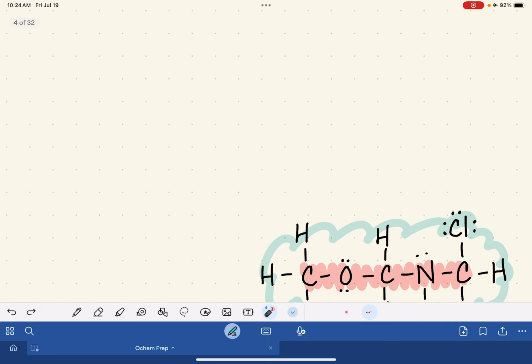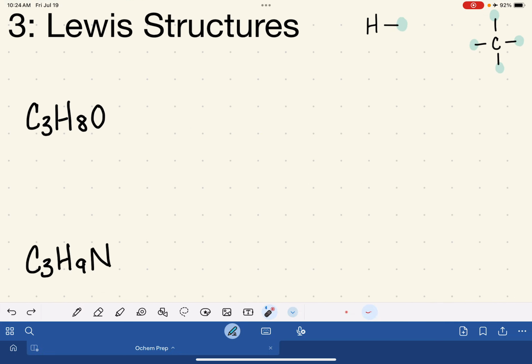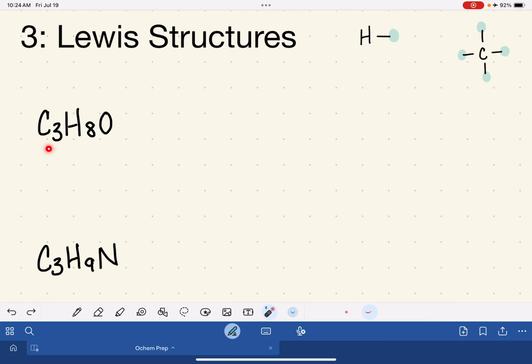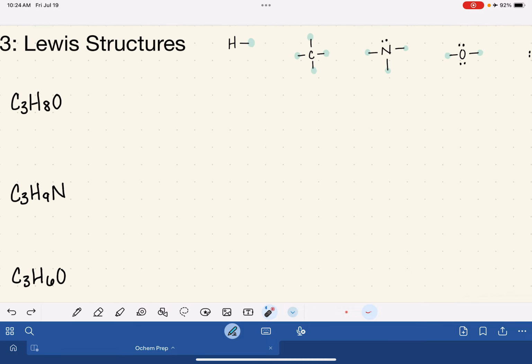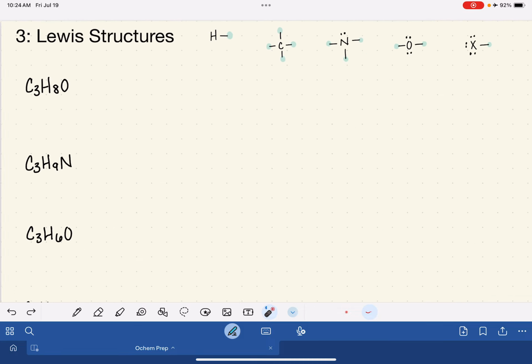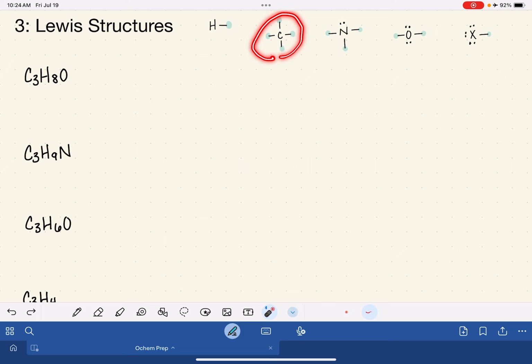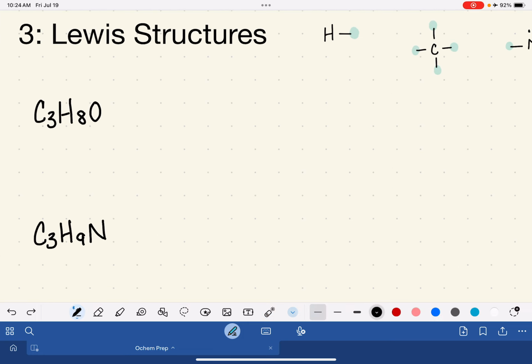Let me show you how this works with our first example. For this molecule, we have 3 carbon atoms, 8 hydrogens, and 1 oxygen. As I said, I'm going to start by drawing my carbons and my oxygens. Just as a quick reminder of the bonding patterns for these elements, carbon likes to form 4 bonds, oxygen likes to form 2 bonds. One thing I don't know when I'm drawing this Lewis structure is how these atoms are technically connected or arranged.